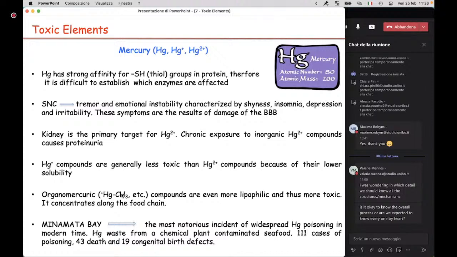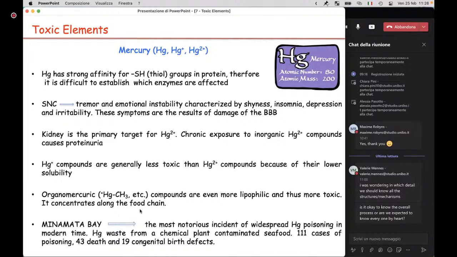Once you are contaminated with mercury, it will go all around the body and can cause damage, but the bulk of mercury will go into the fat tissue and will never go out. It simply stays there. So every successive exposure to mercury increases the accumulation of mercury in the fat tissue.